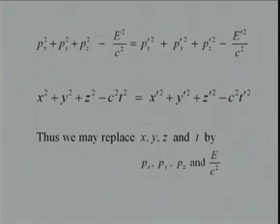Because the two relations are identical, in determining the laws of transformation between p x and p x prime, we may replace x by p x, y by p y, z by p z and t by E by c square.